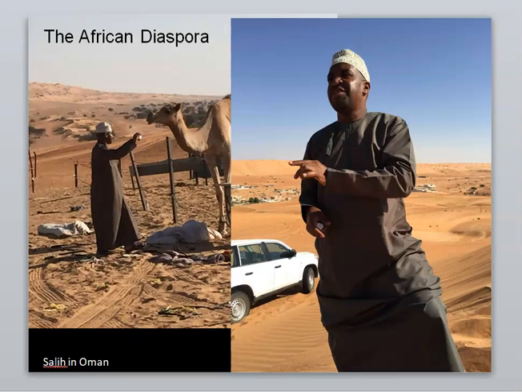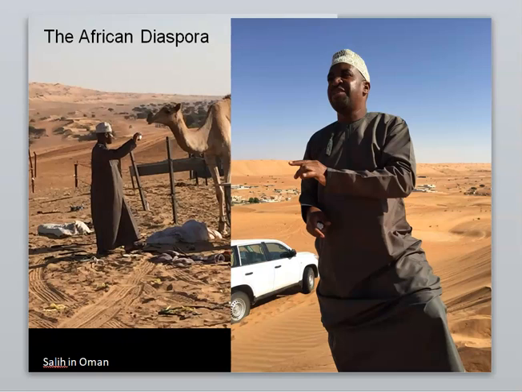Maybe I should have used the word technically, because slaves continued to be smuggled into the United States long after that period in time. The photos that we're looking at right now are just to kind of help remind you of the points I'm trying to introduce. The man in the photos, his name is Salah. I met him in Oman. He was my guide. I went to Oman fairly recently, and when I arrived and met my guide, I was surprised to see, at least initially, that he was clearly of African descent, and he was not an indigenous native Arab from the region.